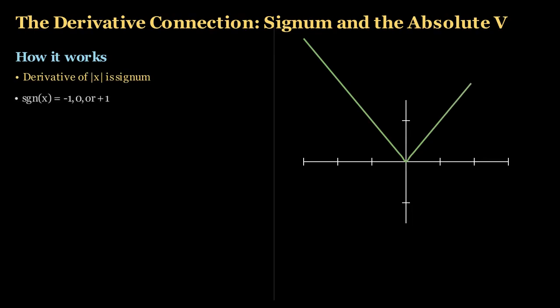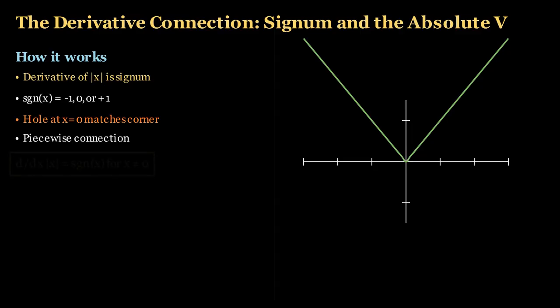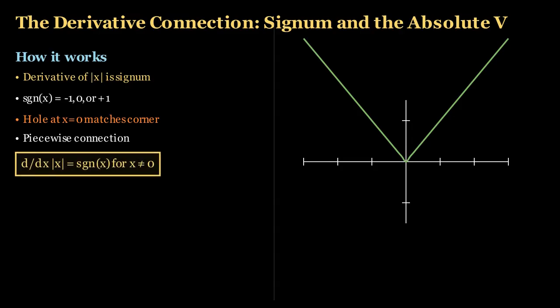So the derivative of absolute value is Sgn of x, except we must leave a hole at x equals 0. This matches perfectly. The signum function's jump becomes a missing point in the derivative, reflecting the corner in the absolute value graph. It's a piecewise match made in calculus heaven.